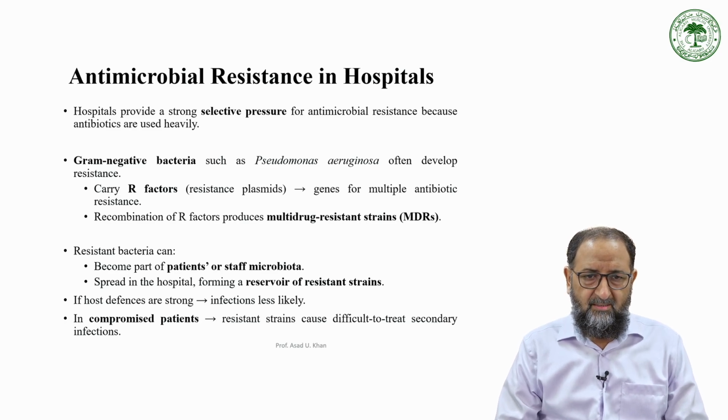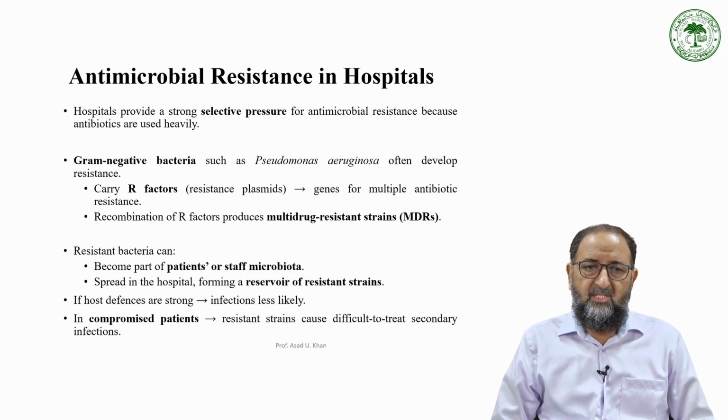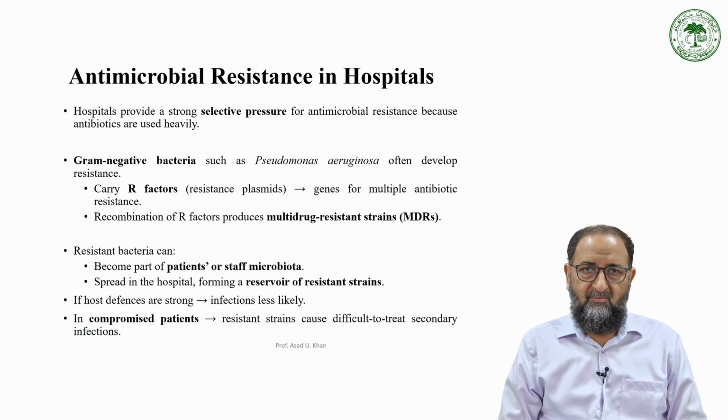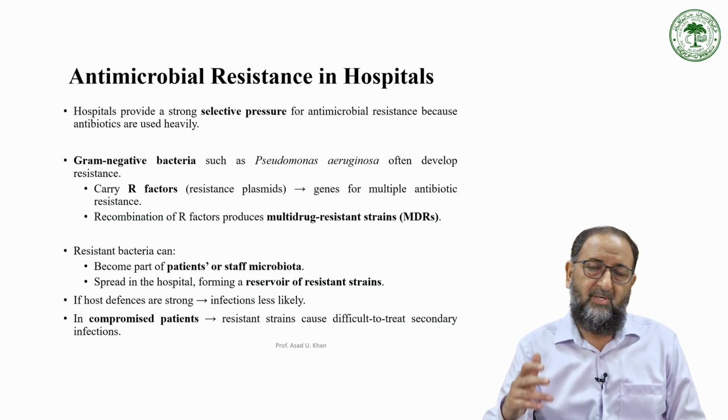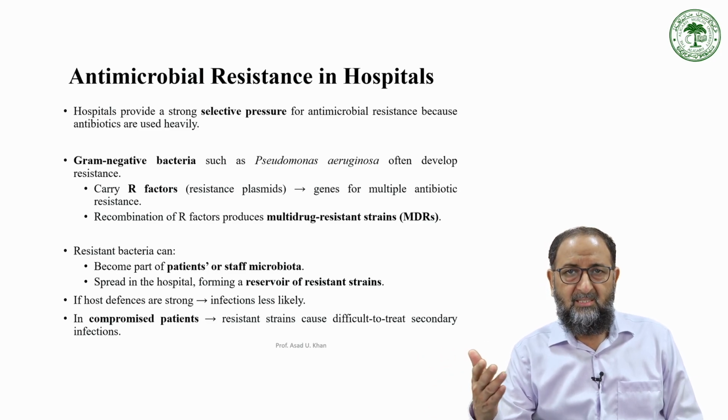Resistant bacteria can become part of the patient or staff microbiota and spread in the hospital, forming a reservoir for resistant strains. If such resistant bacteria are present in the hospital, there are chances of developing a reservoir, and that reservoir can be used to propagate or spread the infection later on, what we call drug resistant infection, where the bacteria have drug resistance against the antibiotics.